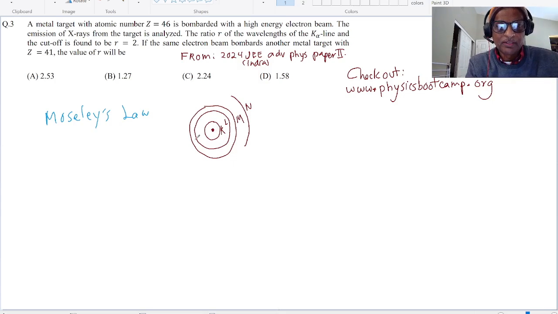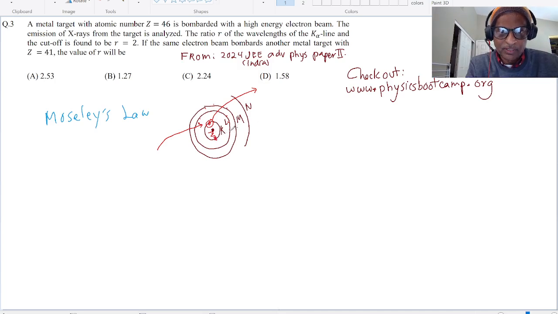The K shell has 2 electrons. If you send some kind of beam with very high energy, it's going to knock out all kinds of things. But if it knocks off one of these, then all the other electrons over here are going to see only, if this is Z, Z minus 1.